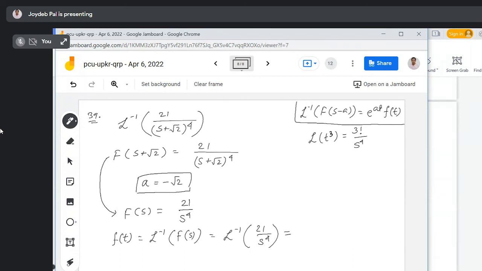So from here you can write the Laplace inverse formula also. Laplace inverse of factorial 3 by s to the power 4 will be t cube. Now it is not exactly factorial 3, so you do one thing: 21 divided by factorial 3 times Laplace inverse of factorial 3 by s to the power 4, that I can write.